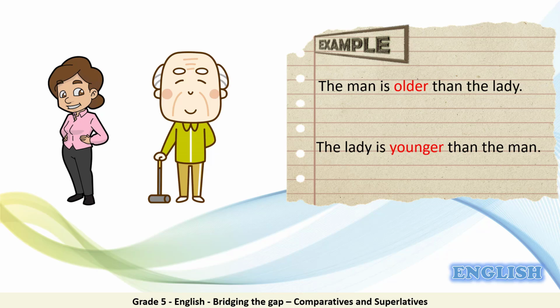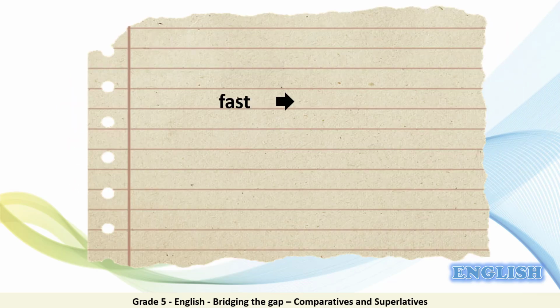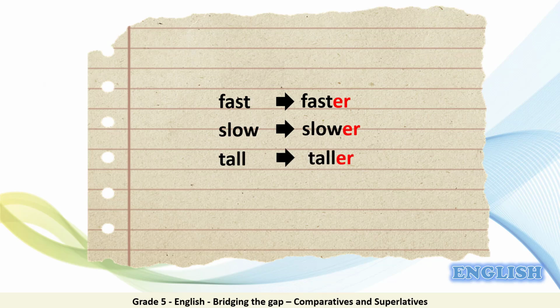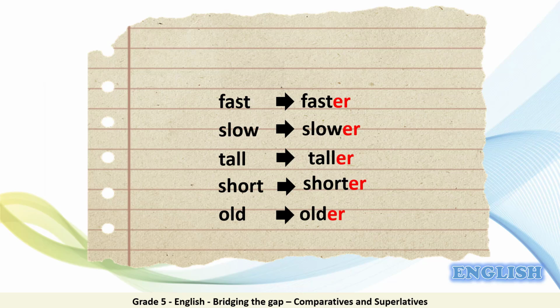So, as we have learned in these examples, all the adjectives have ER in the end. Fast became faster, slow became slower, tall became taller, short became shorter, old became older, and young became younger.